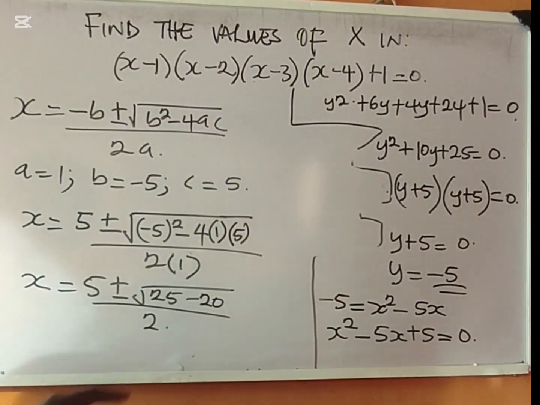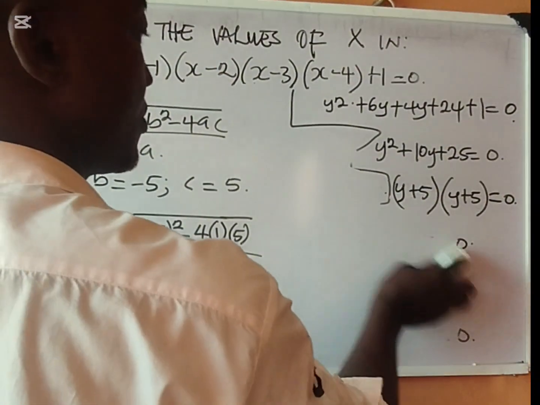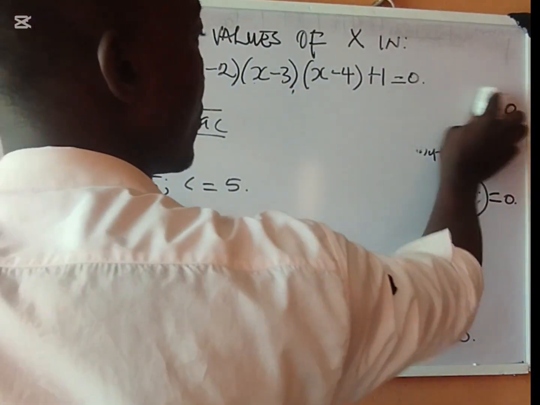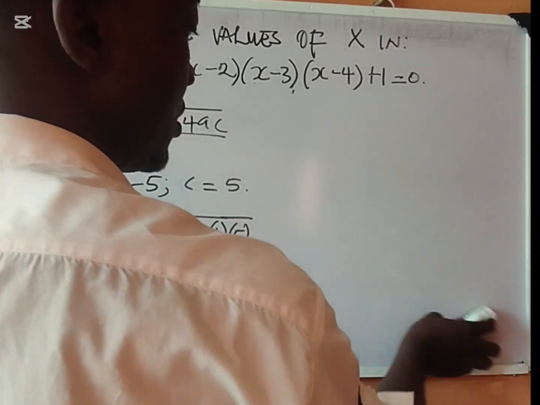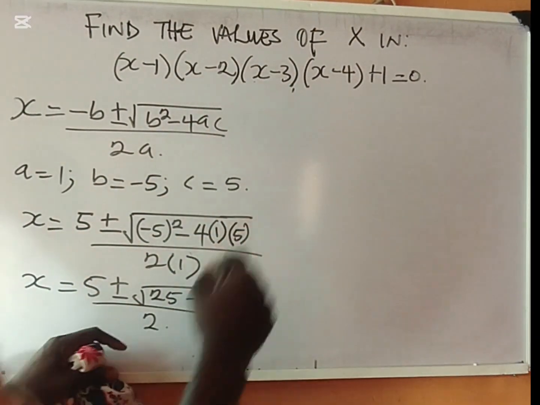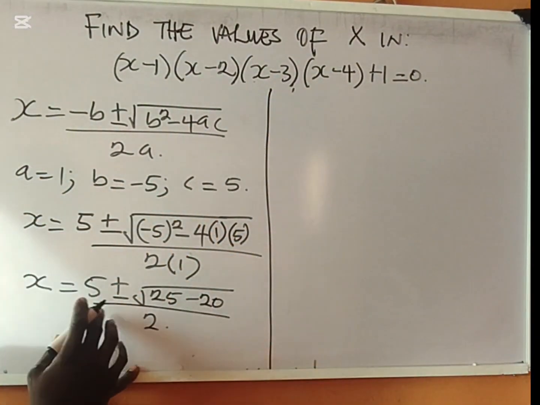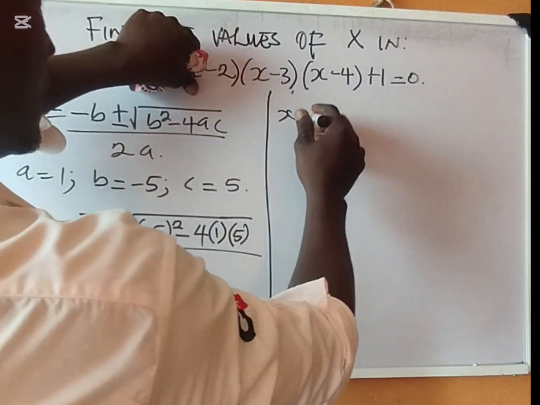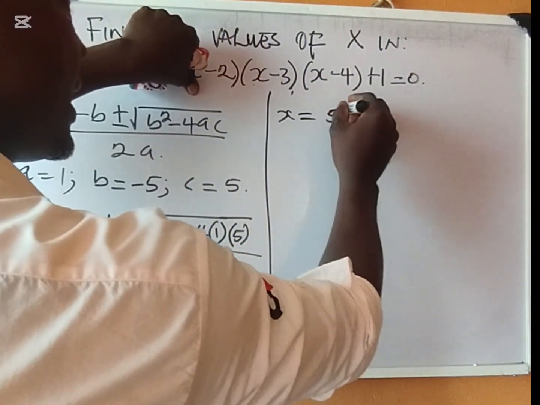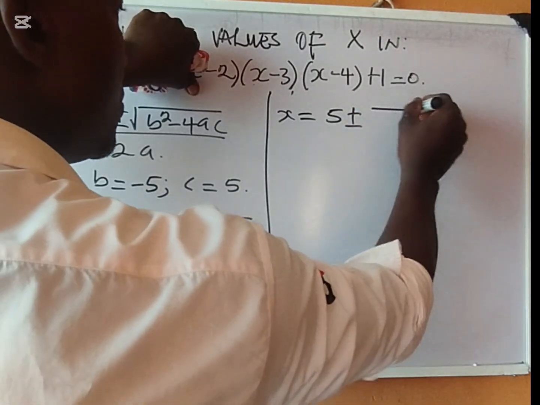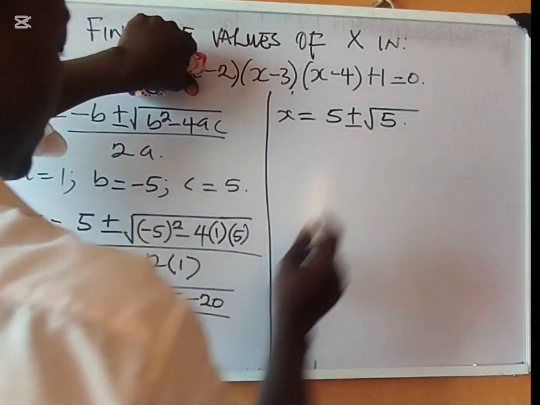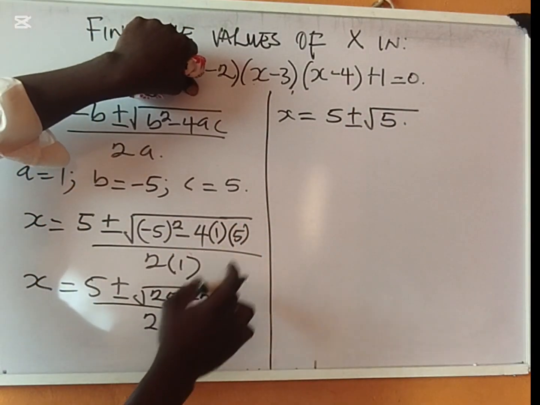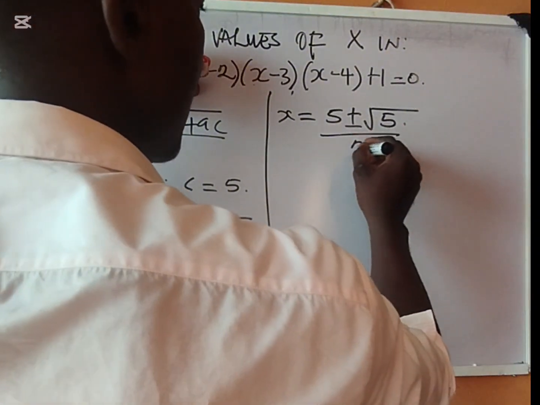Okay? From here, we'll have x is equal to 5 plus or minus root of 5, because 25 minus 20 is 5. This is divided by 2.